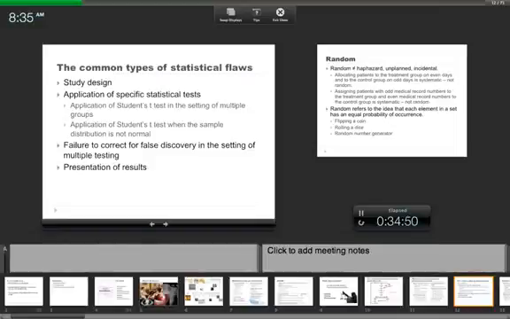No, you need to correct for the rate of false discovery. Because if you flip the coin multiple times, the chance of getting a hit would change. There's also the presentation of the results, which is a very common mistake that I will go into a little later.